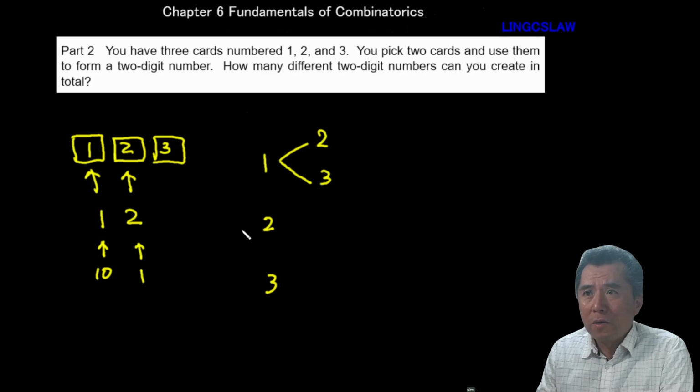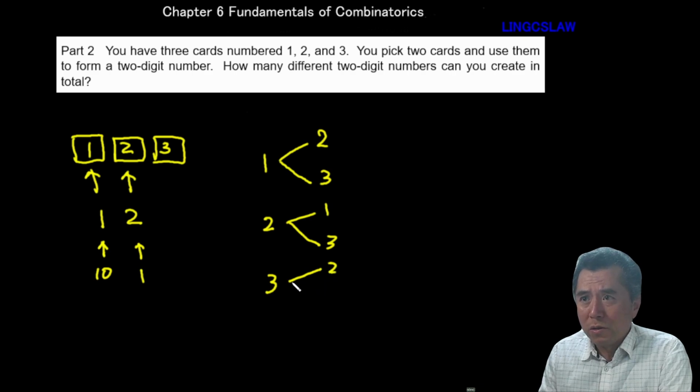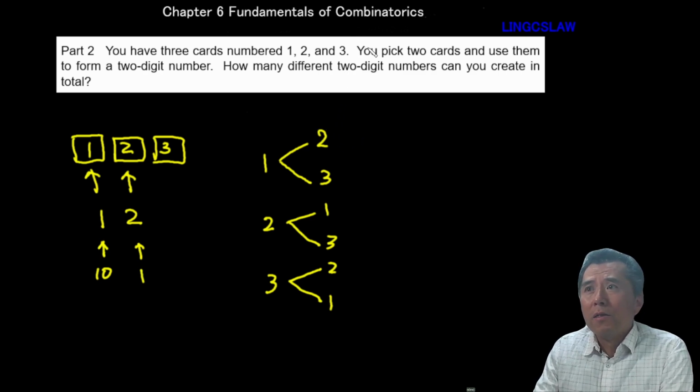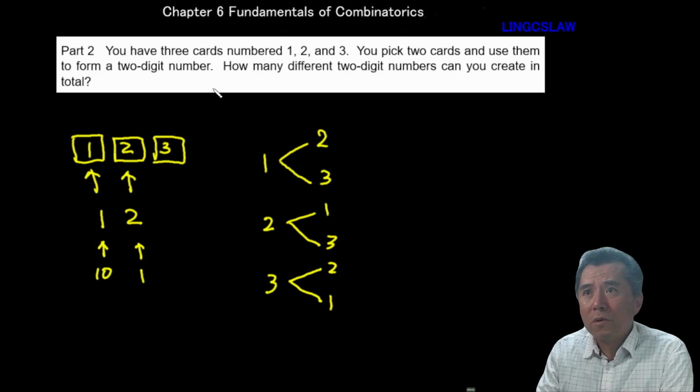And if you take the card of 2, there are 2 choices for the second card, 1 or 3. And if you take 3 for the first card, again there are 2 choices, 2 or 1. So that's it for the numbers.